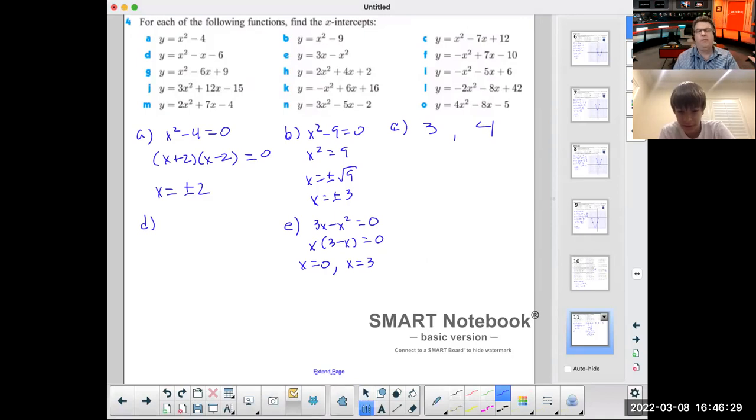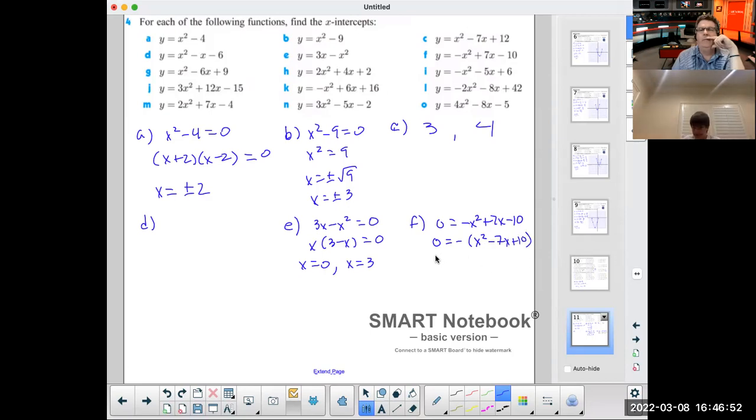Well, there's a couple of ways you can think about this, Jack. So we set it equal to 0, right? So 0 equals -x squared plus 7x minus 10. So you could factor out a -1. I think that's what you just said. And you have x squared minus 7x plus 10, right?